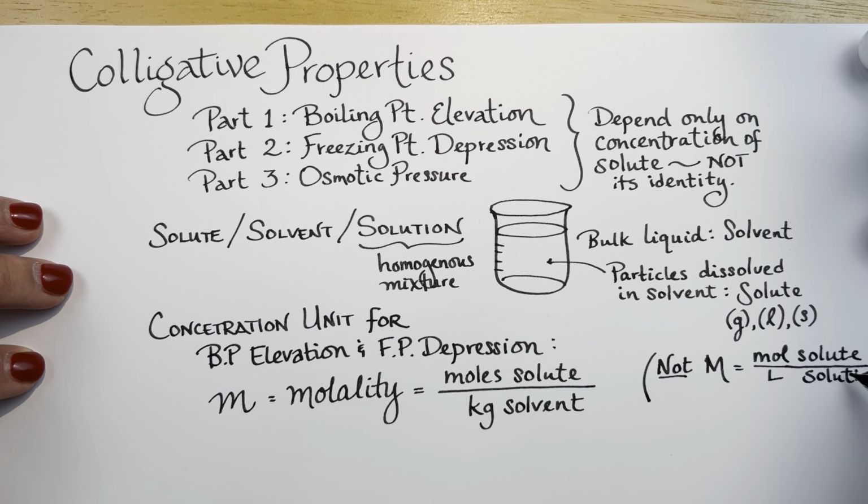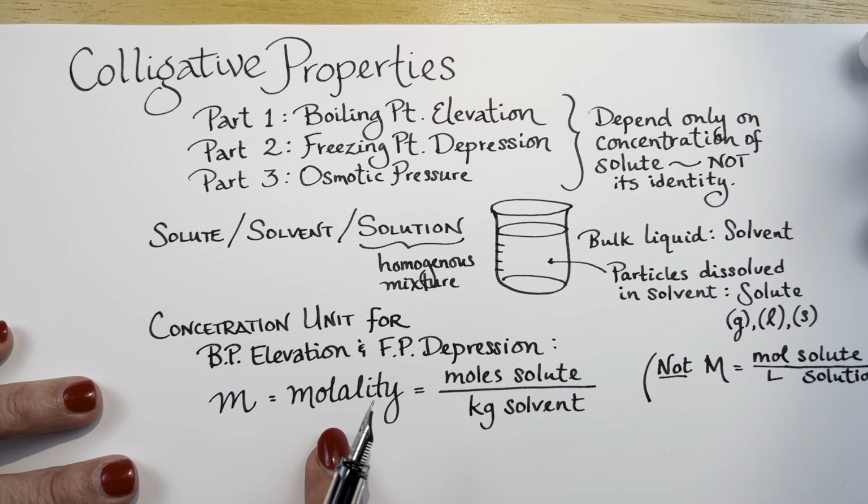The solvent with the solute dissolved in it. Okay, this is volume. We're not using this for boiling point elevation, freezing point depression. Okay, so again, molality works great for this because the mass will not change as the temperature changes.